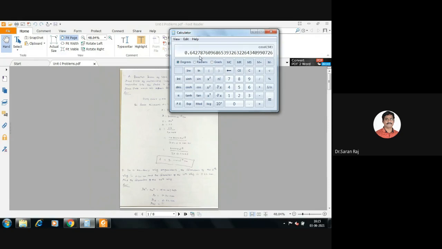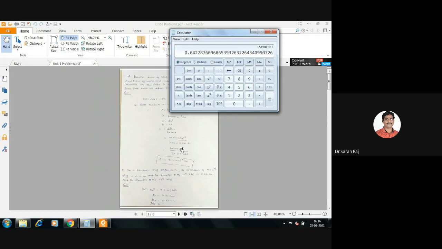I will write 4 digits: 0.6428. So 3 into 0.6428 you can multiply.